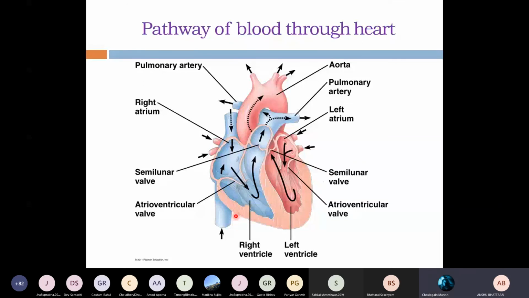Good. Then during ventricular systole, the blood that was collected in the right ventricle is transported to the pulmonary circulation via the pulmonary arteries.